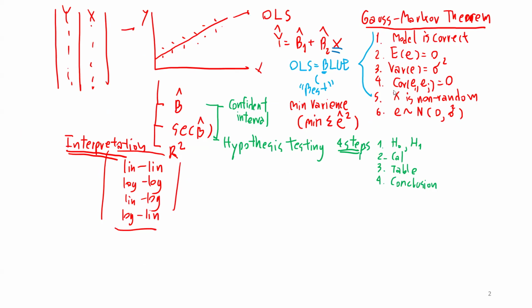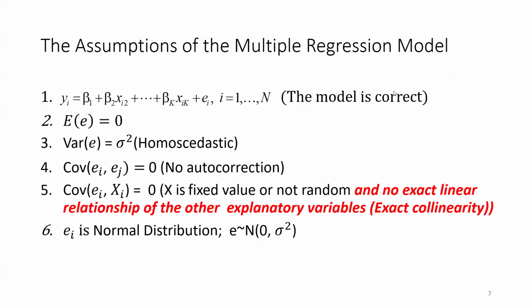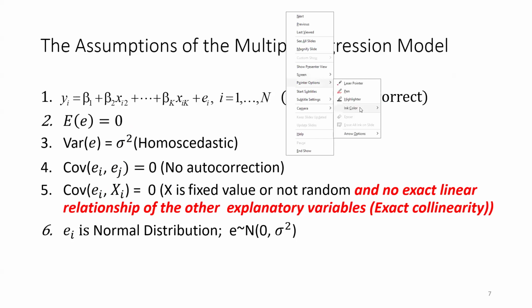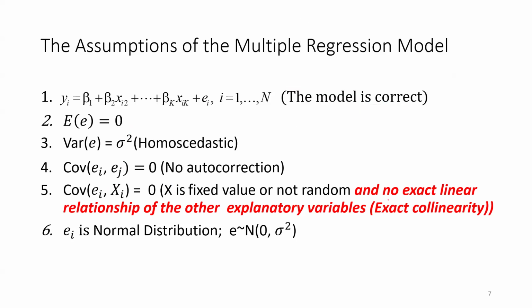Again, for multiple regression we have 6 rules as well, and all the rules are the same. The model is correct, expected error is 0, variance is constant, no covariance between errors, X is non-random. The additional rule is no exact linear relationship of explanatory variables.